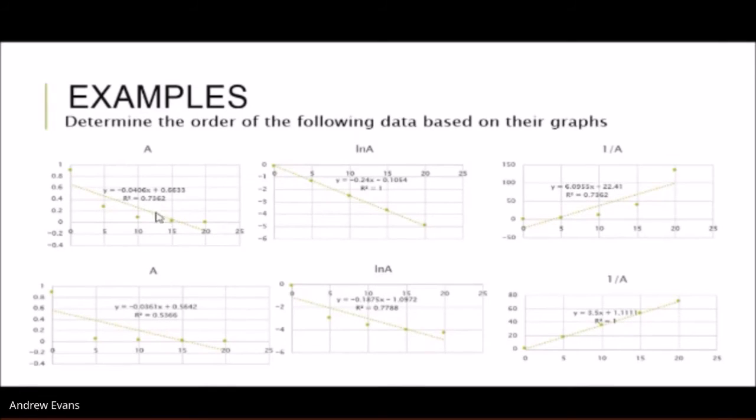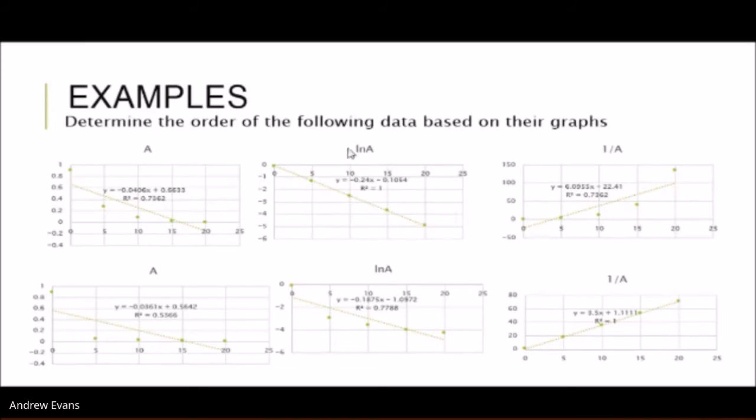No. The R squared value tells you how well these values fit this equation. The closer this R squared value is to 1, the better the data points fit. If I look at ln of A, the data points fit that line perfectly. R squared is 1. And if I look at 1 over the concentration of the same data, once again, not a good fit.